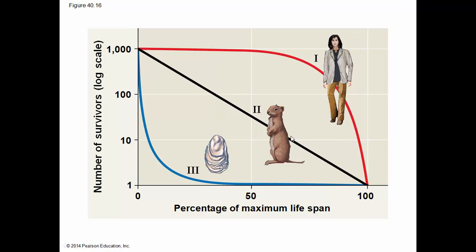Here's a Belding's ground squirrel. I don't know if this is accurate, but according to this graph, they're just as likely to die early in life as they are later in life. They don't have a great deal of parental care, but they do make it to later on in life. And then here's an oyster, or it could be a coral, or palolo worms.